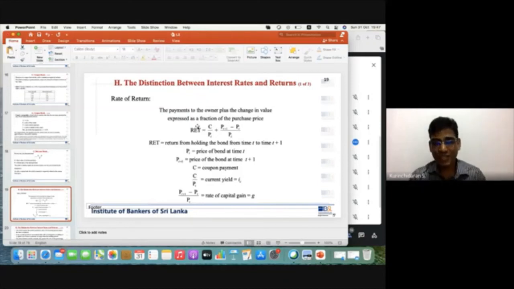When you say interest rate, that is the coupon rate, right? When you say yield rate, that is subject to this calculation. Finally, what is the yield to maturity? That's a yield rate, right? Or the third one, rate of return. That is, you put together and calculate this.